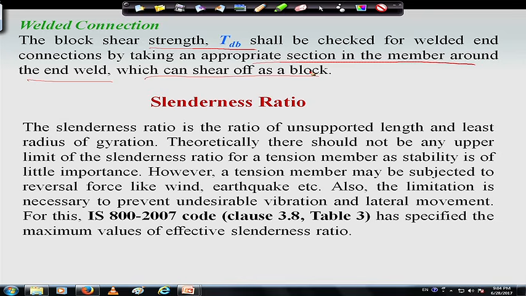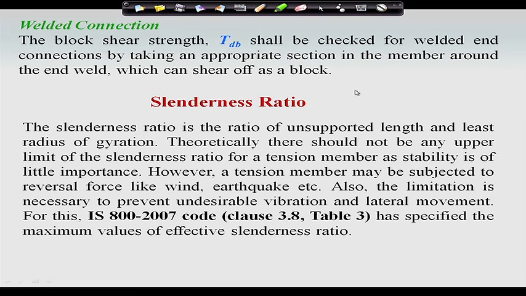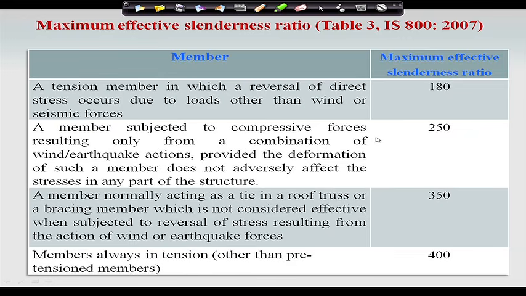And in case of slenderness ratio, the maximum allowable slenderness ratios are given in table 3 of IS 800 2007, and in clause 3.8 it is mentioned. So, that I am showing here, that is the maximum effective slenderness ratio, where slenderness ratio means L by r, where r is the minimum radius of gyration and L is the effective length.